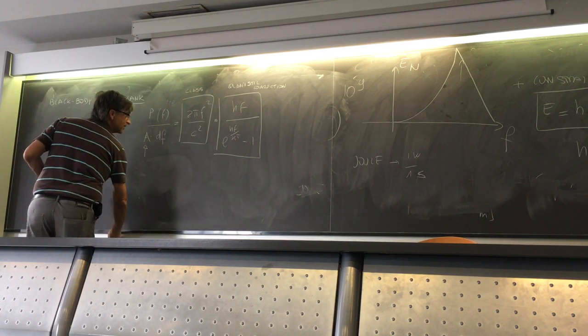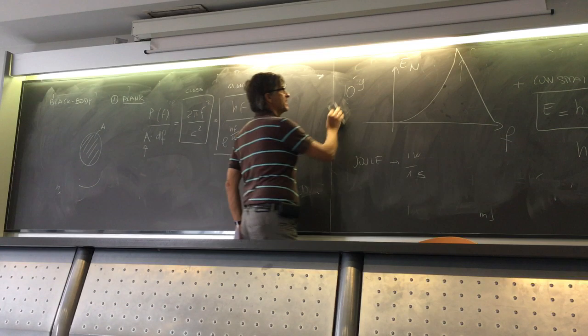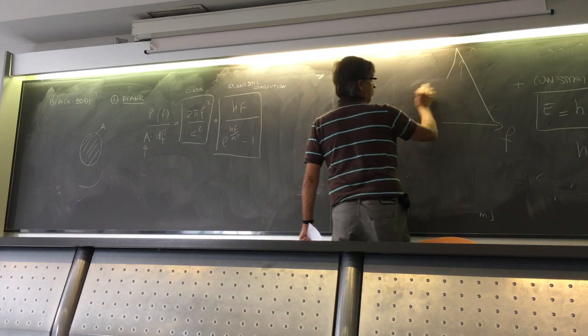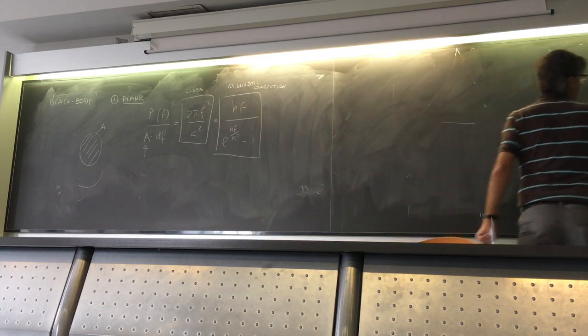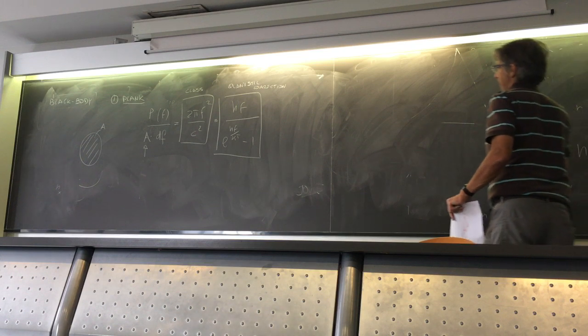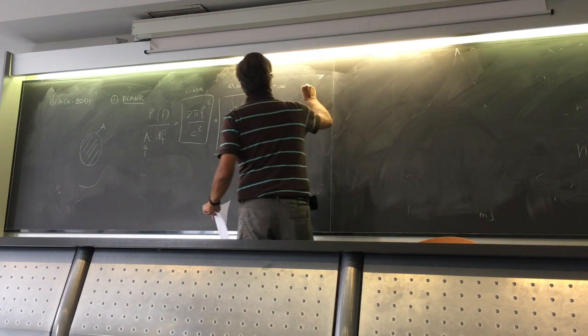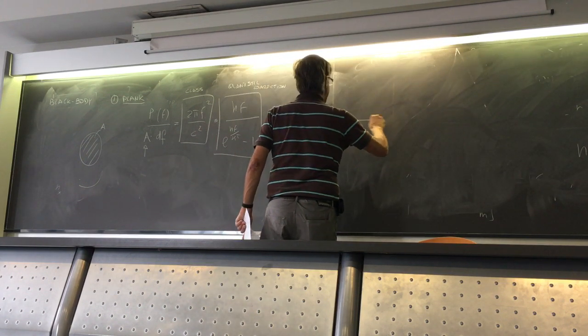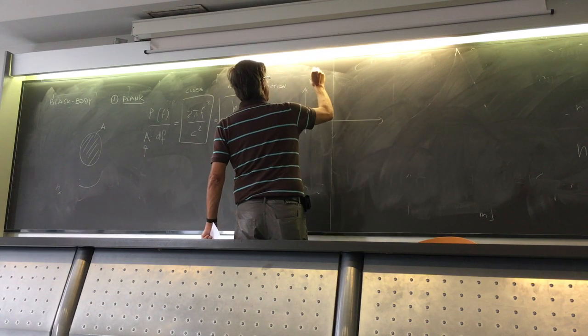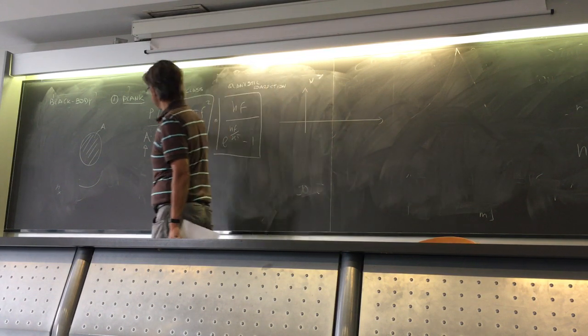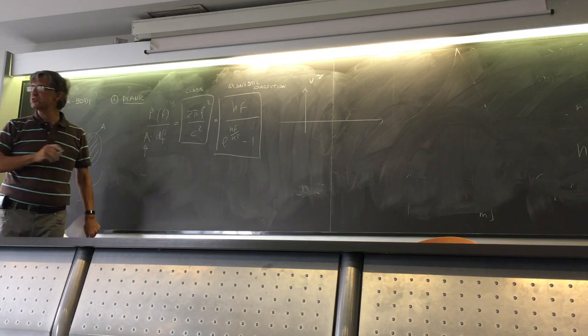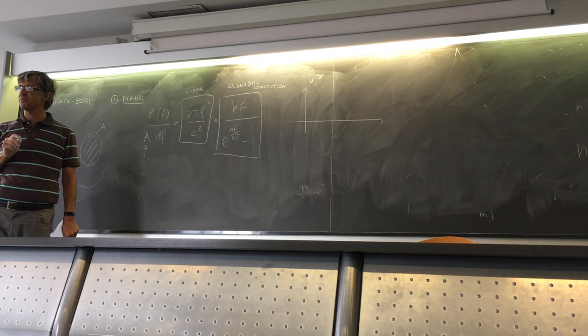So this means that if you represent the Planck law in terms of frequency, this is a power spectrum. So if it is a power spectrum divided by a surface, what would be its dimension?